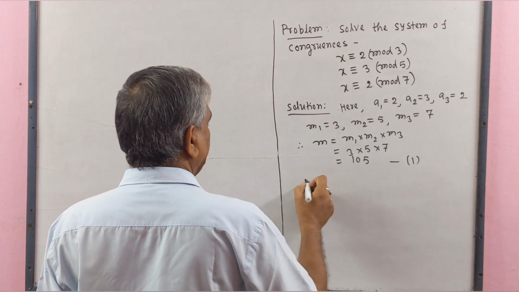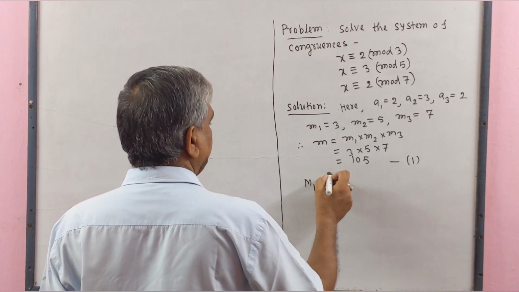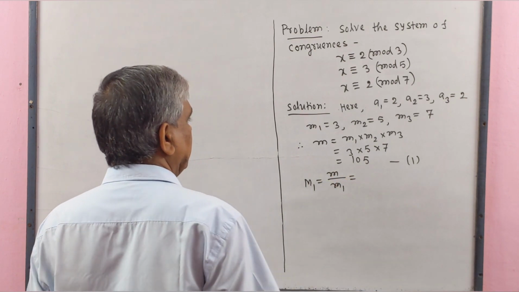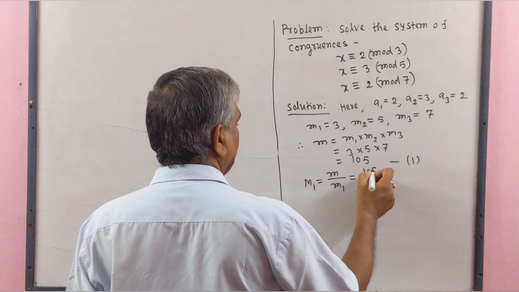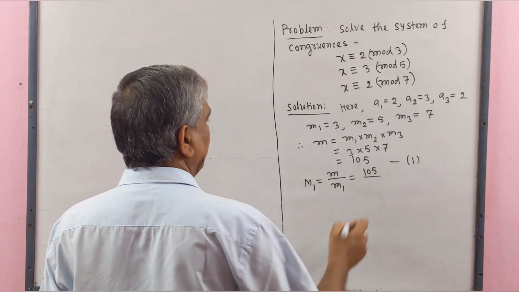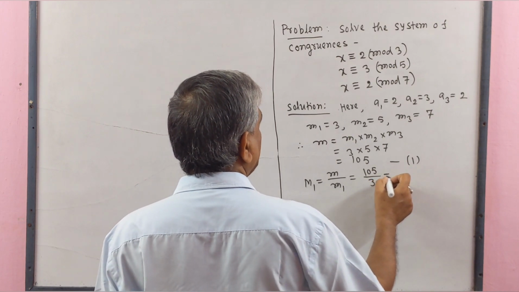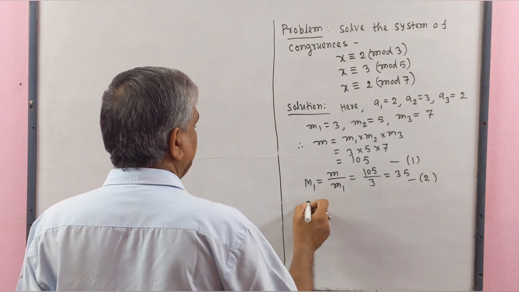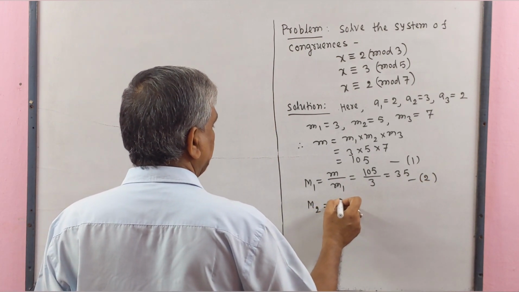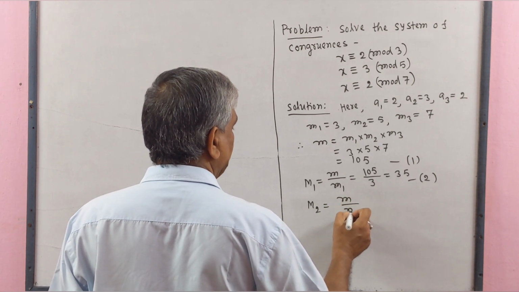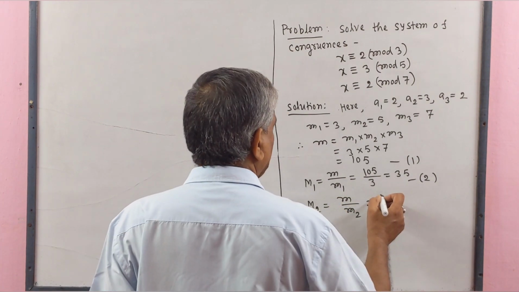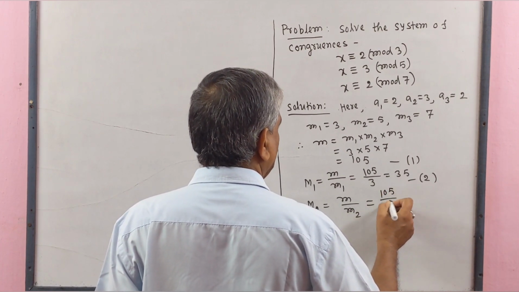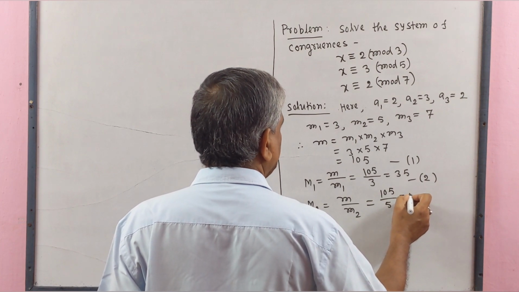Now capital M1 equal to small m by small m1. Small m is 105 by small m1 is 3, and this is 35. This is number 2. Capital M2 equal to small m by small m2 equal to 105 by 5, and this is 21.